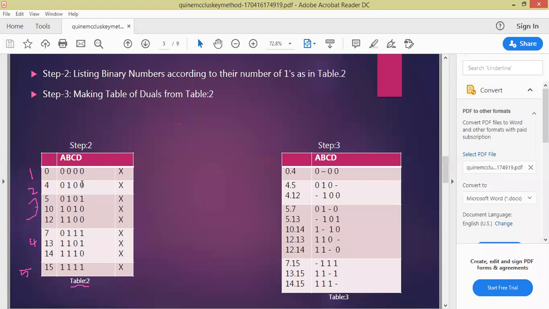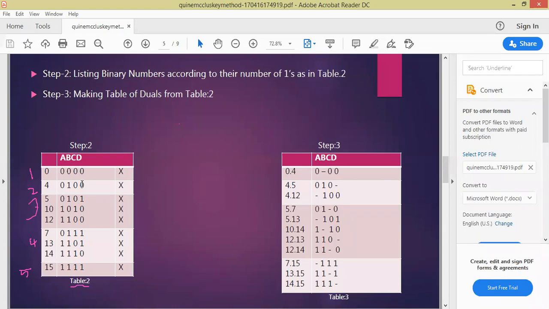The fifth group holds four ones, and there is only one such number, 15. So basically we have 5 groups. Is it clear? Yes, sir. If you have any doubts, you can ask right away. Don't hesitate to ask questions.